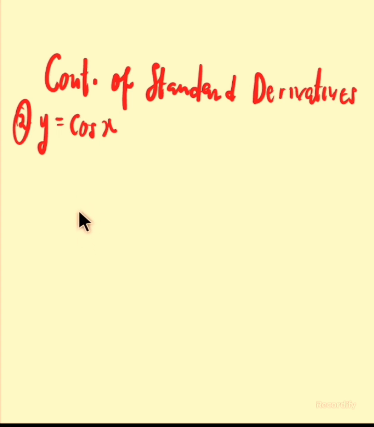So we're having y equals cos x. In that last video, I also let you know that y is a dependent variable which depends on the value of x, and x is an independent variable, because if there's a little change in x, there will also be a little change in y. So if I add a little change, that is y plus change in y equals cos of (x plus change in x).